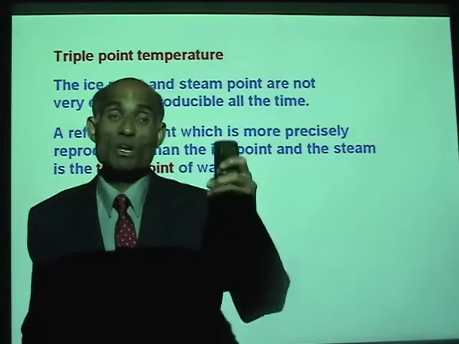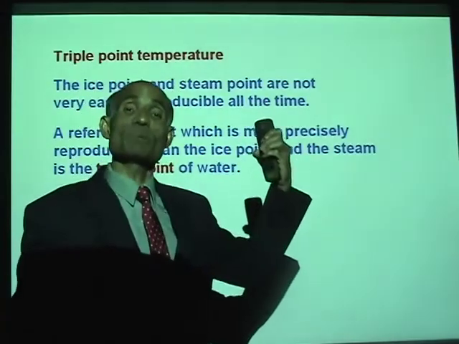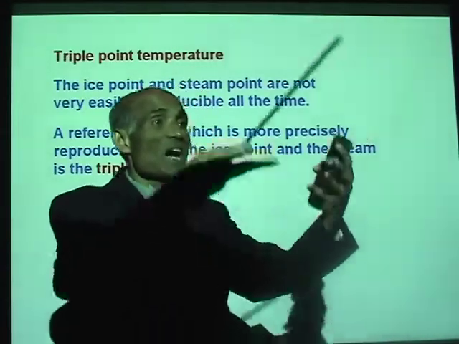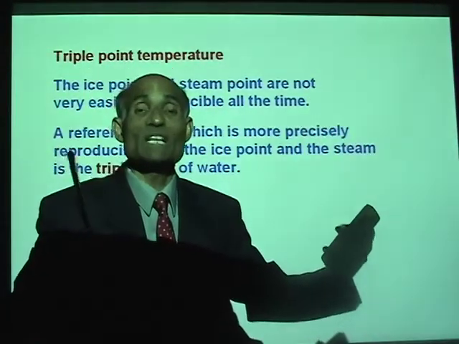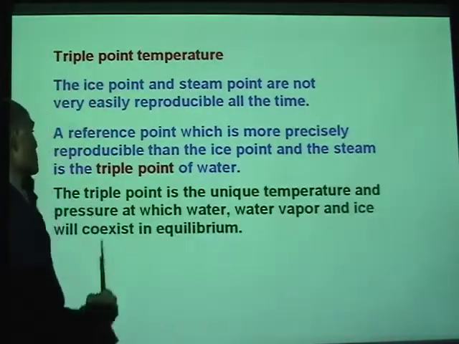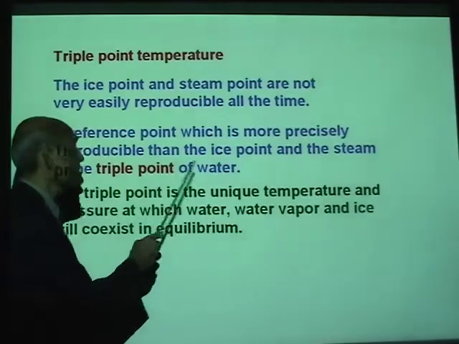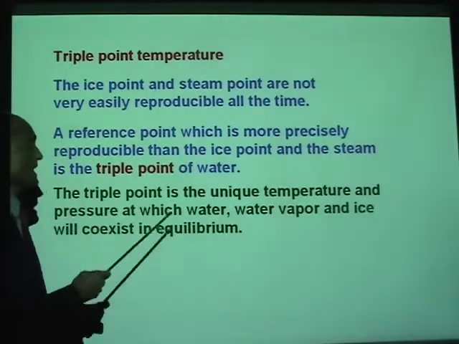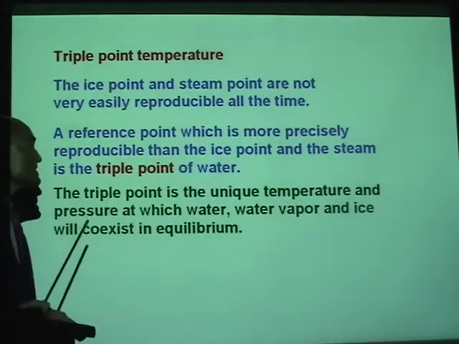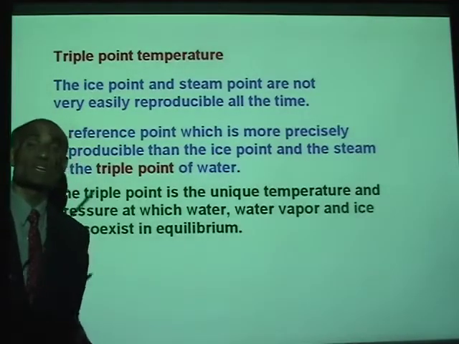Well, if you want to know, just open your freezer compartment and see how solid ice and vaporized water can exist at the same time. Well, the triple point is the unique temperature and pressure at which water, water vapor and ice will coexist in equilibrium.